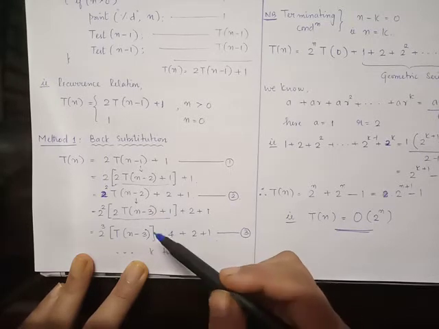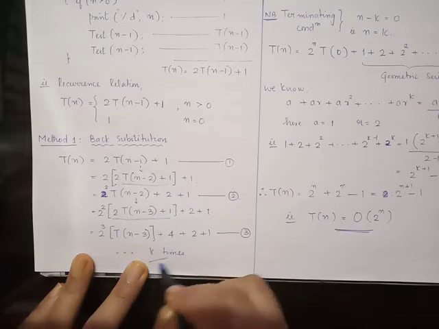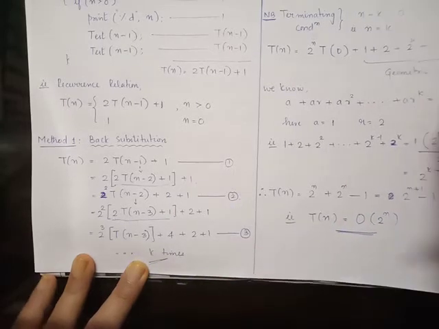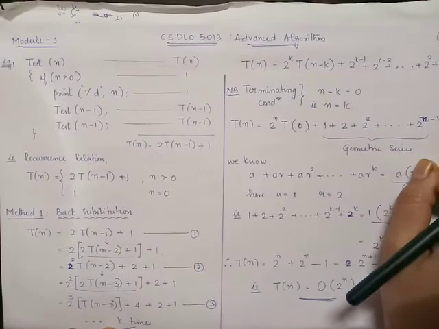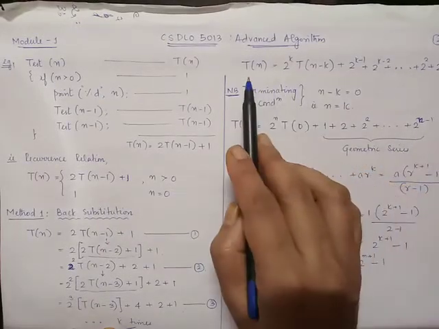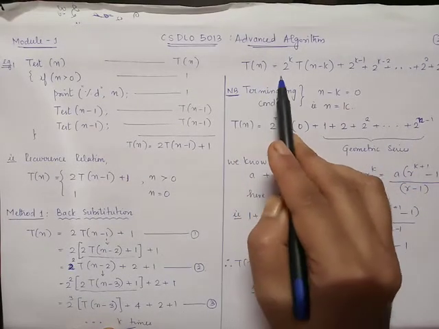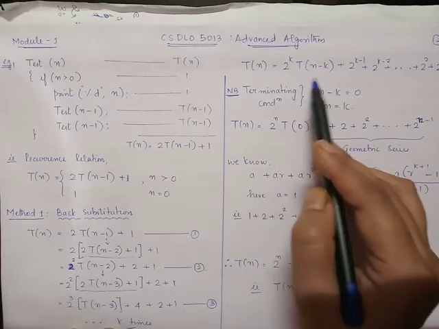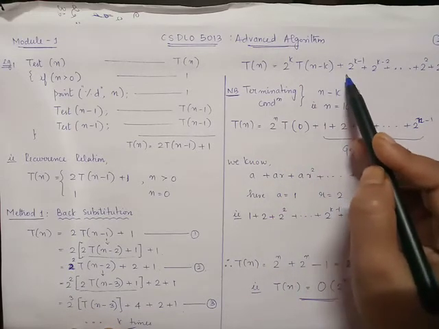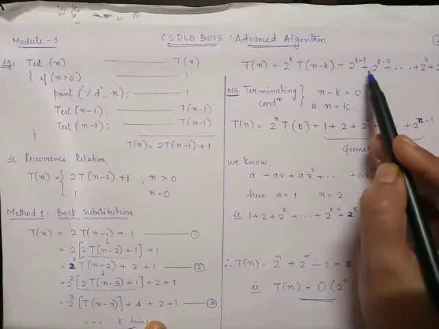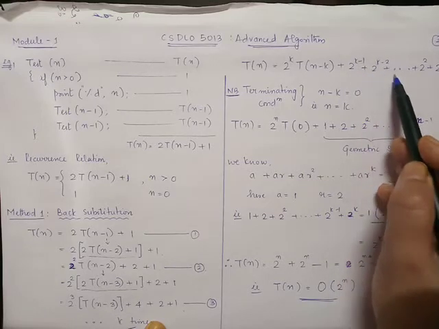This can be continued, assuming that we are substituting k times. After k iterations, the equation turns to t of n is equal to 2 raised to k times t of n minus k plus 2 raised to k minus 1 plus 2 raised to k minus 2, etc.